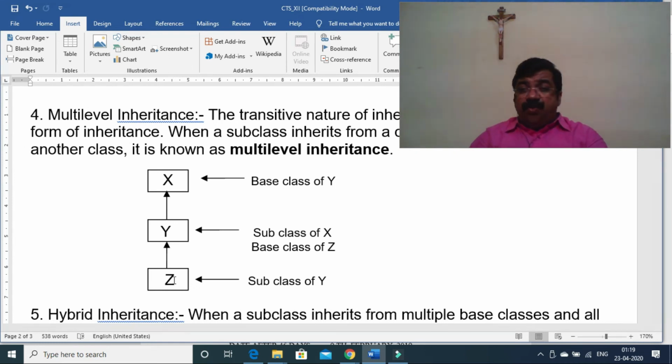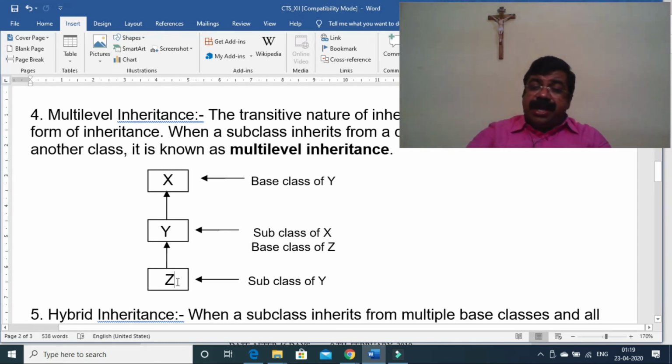Now we can say our father has a base class, our grandfather, and we have as a base class our parent, our father. So we can say Z is indirectly related to X. This is the point I said earlier, that is transitive relationship.